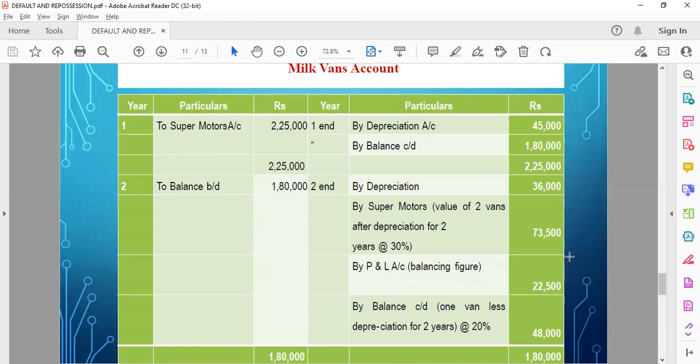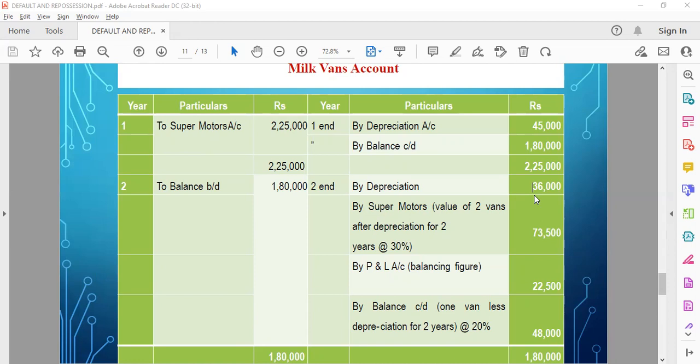Then you come to this depreciation part. We have calculated the depreciation of 36,000, right? Here the depreciation is also there. For the second year, we should subtract the depreciation: 1,80,000 minus 36,000. How much is the amount? 1,44,000, right?